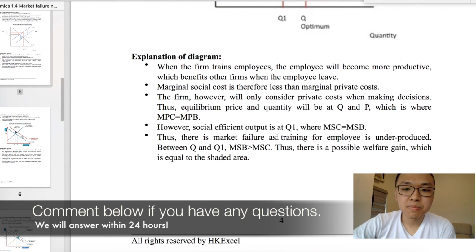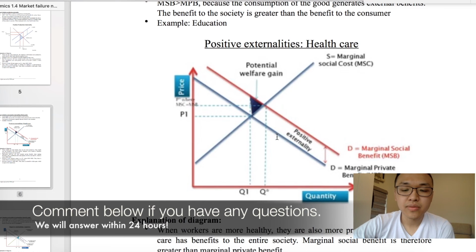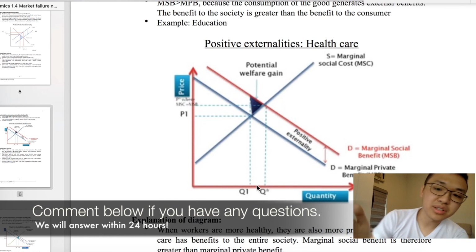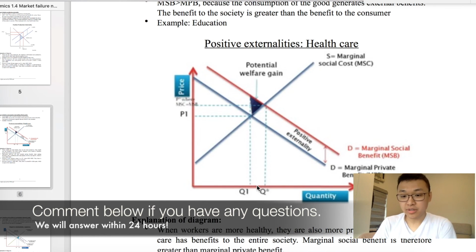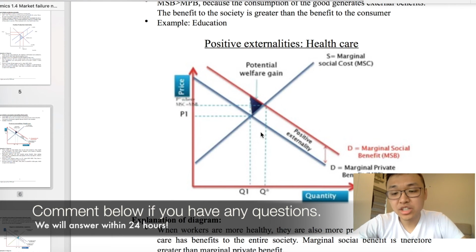Now, if it's positive, let's say positive consumption, you can see it's a different case because now we say there's underconsumption. The equilibrium is Q1, but the optimal is Q star. So the free market is not consuming enough. It's consuming an amount that is less than the socially optimal. And we can see Q1 to Q star, these units should have been produced, but they weren't produced by the free market.